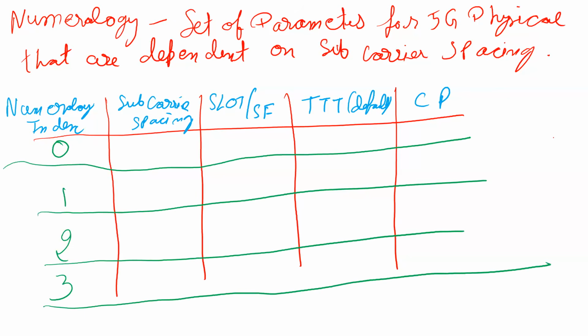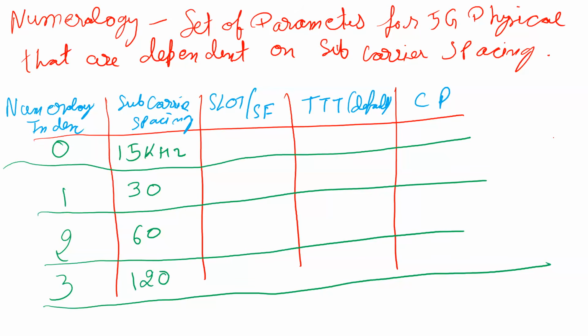In case of numerology 0, what will be our subcarrier spacing? It will be 15 kilohertz. What about 1? We have 30 kilohertz. What about 2? We have 60 kilohertz. And what about 3? We have 120 kilohertz.